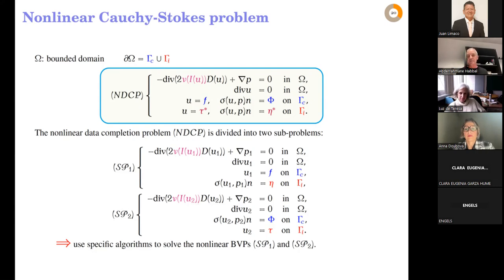And we use the same controls. We introduce players. The first player controls eta, with the knowledge of F, also of the velocity on the accessible boundary. And the second player wants to control the Dirichlet condition on the inaccessible part, and has at hand the Neumann data, the normal fluid stress on gamma C.